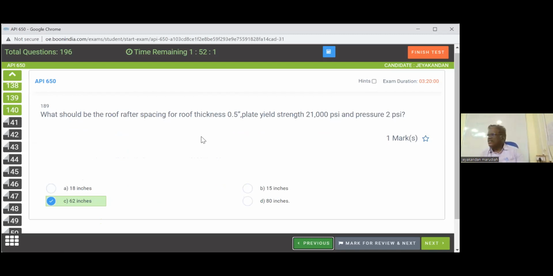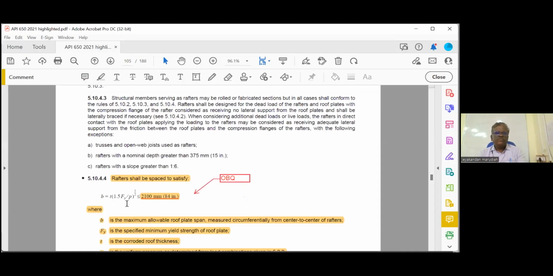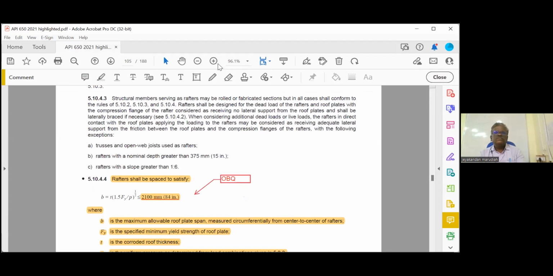So you are using a calculator, right? What is your answer? Okay, I will calculate, no problem. Just a minute. So what is the formula? First we have to take the square root of 1.5 Fy divided by P. Okay, first, sorry, 1.5 Fy.